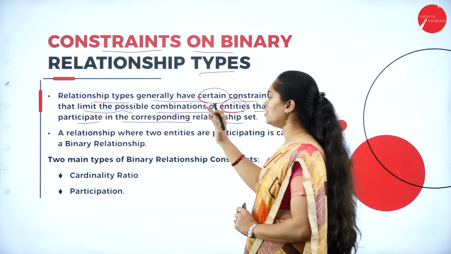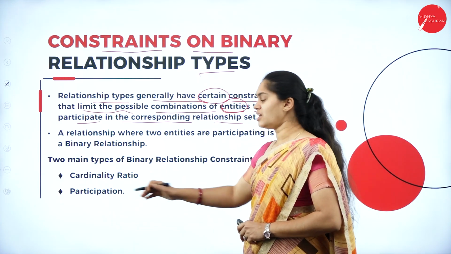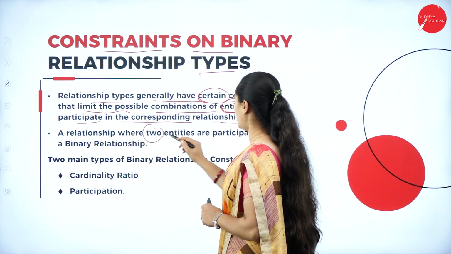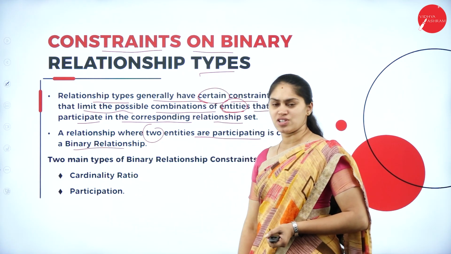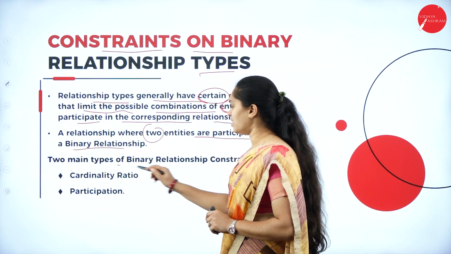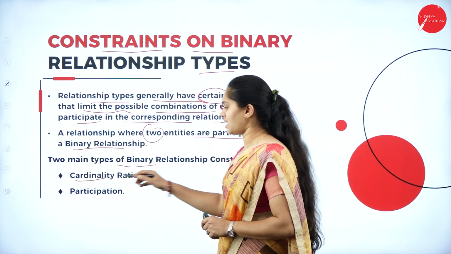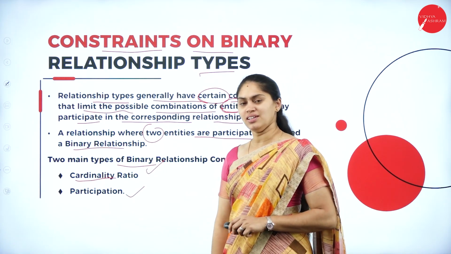In order to establish this, we are going to have the cardinality ratio and participation constraint. A relationship where two entities are participating, obviously we call that a binary relationship. Here mainly we have several types of binary relationship constraint. The first is cardinality ratio, and we have a participation constraint.